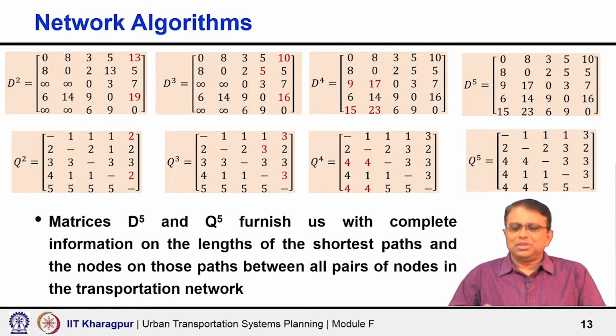So, 5, 3, 1, and the predecessor for 1 is 4. So, the path is 4, 1, 3, 5. That is the path, and the cost is correspondingly, we are talking about I 5, I 4, J 5. So, the corresponding value is 16. So, 16 is the total cost.